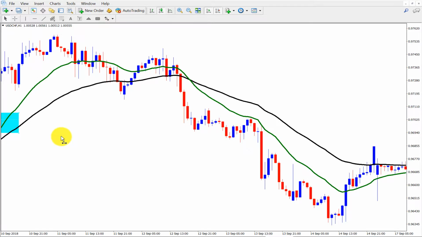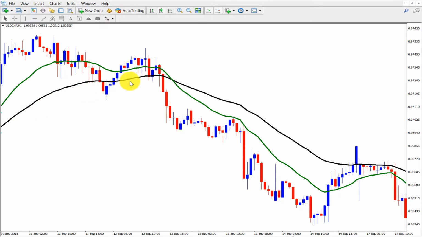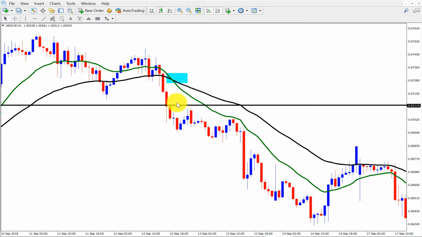Now we can see beautifully that our 50 period exponential moving average is coming from upper to downside. Then we will wait for the 21 period moving average. So here we got it. This 21 period exponential moving average comes from higher to lower, and in this area we got a crossover. So when we watch this, then at the next candle, like here, we can sell.